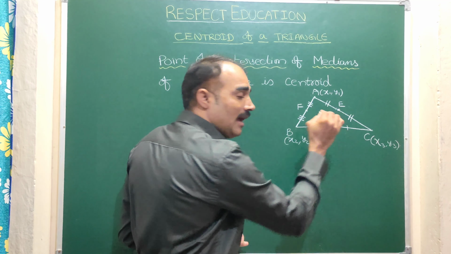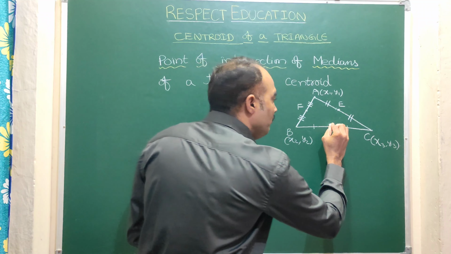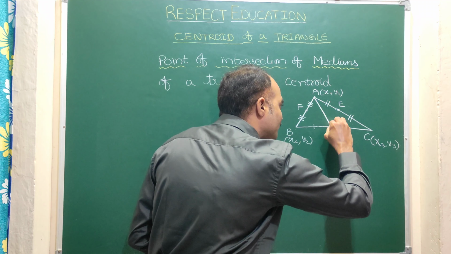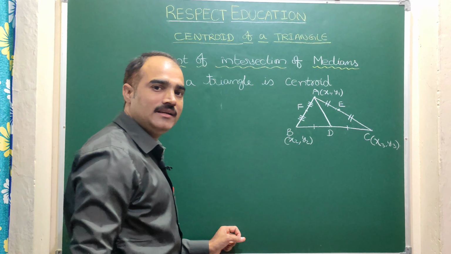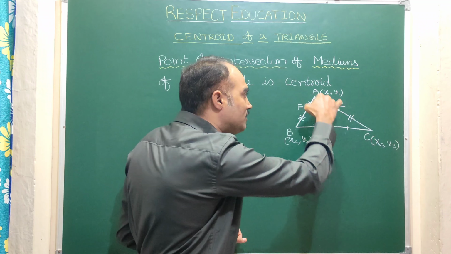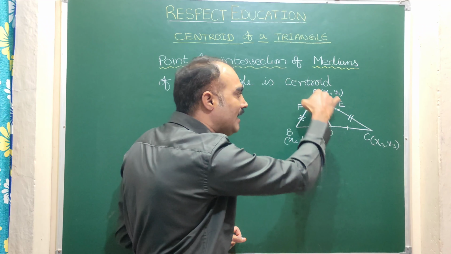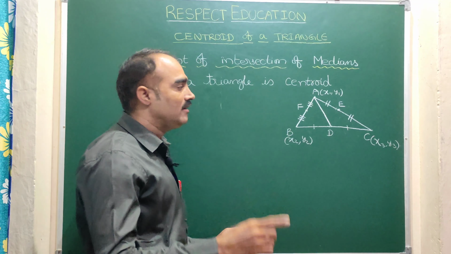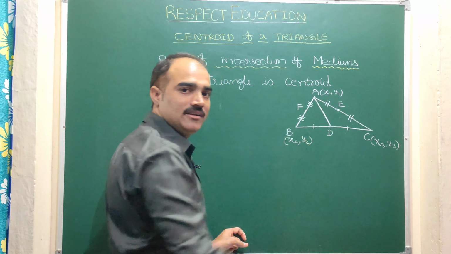Now the line joining midpoint to its opposite vertex. The line joining the midpoint of a side to its opposite vertex, this line AD, is called a median. Clear? AD is called a median.